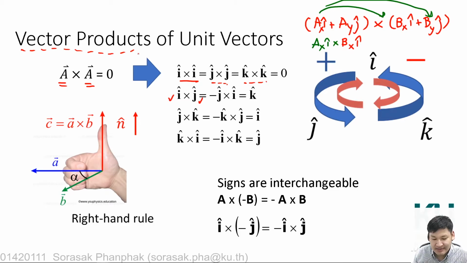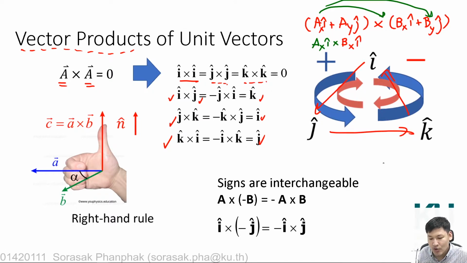This is the same not only for i cross j, you can see j cross k or k cross i, and you get the resultant vector according to this diagram. If you cannot remember, if you have i cross j, you get k. If you have k cross i, you get j.